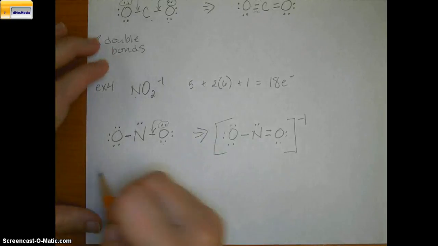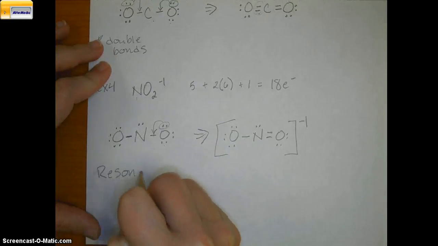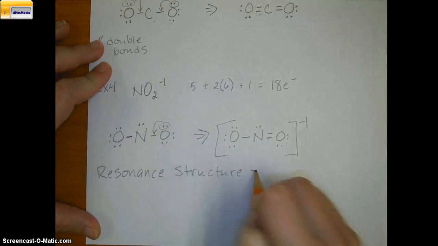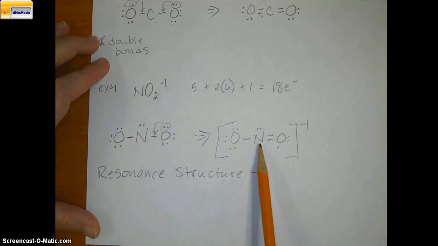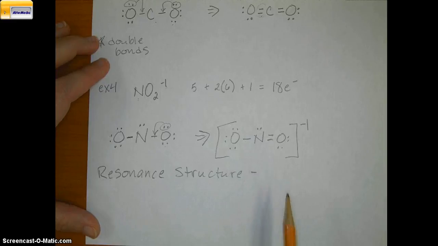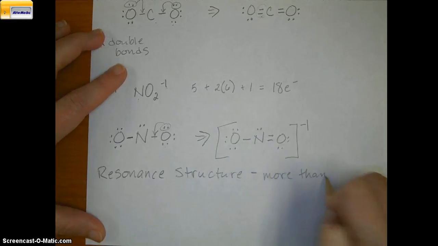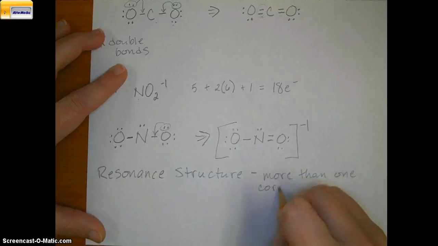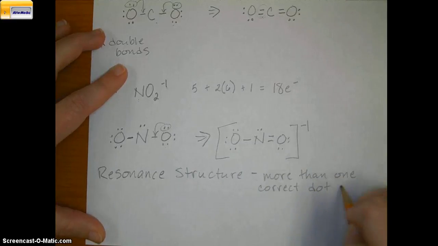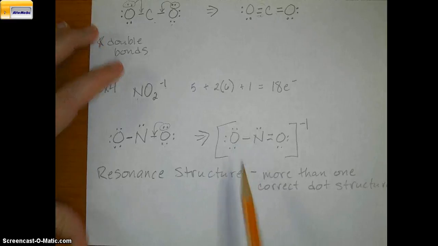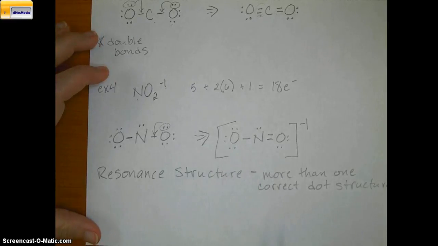Okay, so now we need to define a new term, and this new term is resonance structure. NO2 -1 represents a resonance structure, and basically what that means is there's more than one correct way to draw the dot structure. If we take a look at our structure, we could have put the double bond on the other oxygen and it would have been exactly the same, and both structures would be correct.